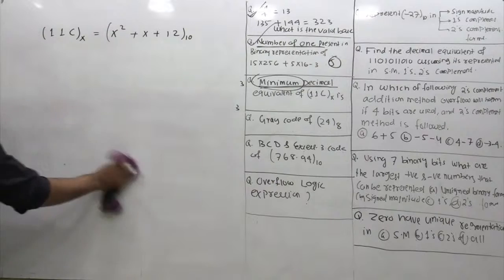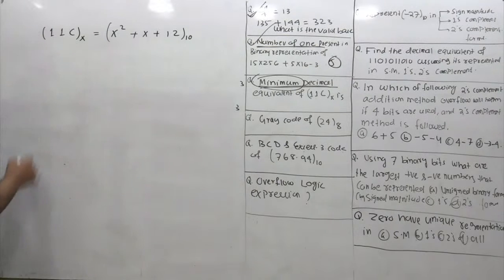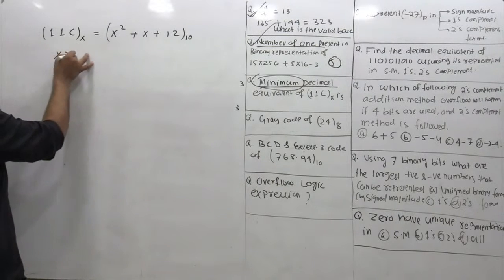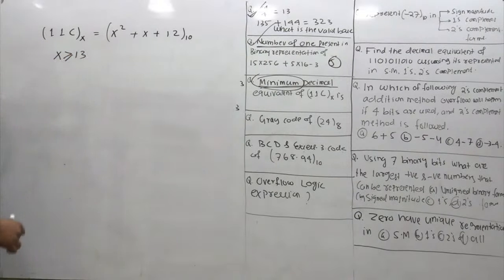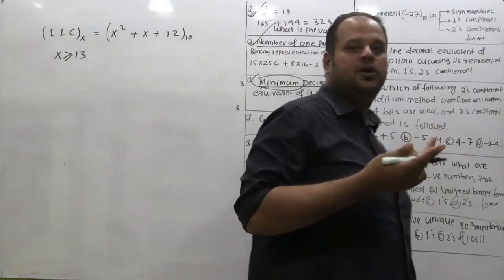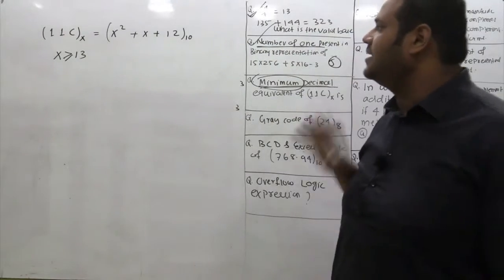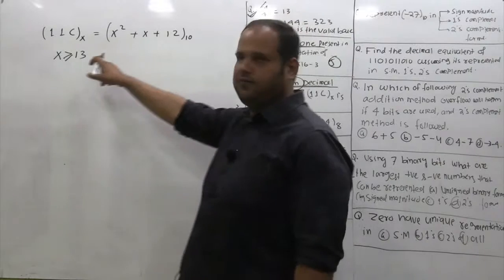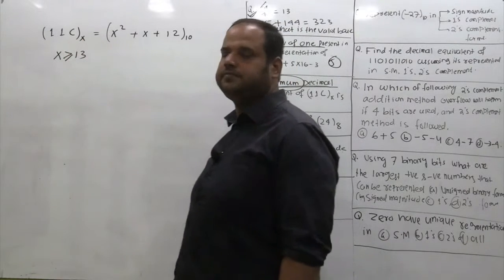Similarly, what is the approach to get this x? What can be the value of x? Because the c value is 12, it makes sense that x should be greater than or equal to 13, since the number contains c. X cannot be 12, because of this c.